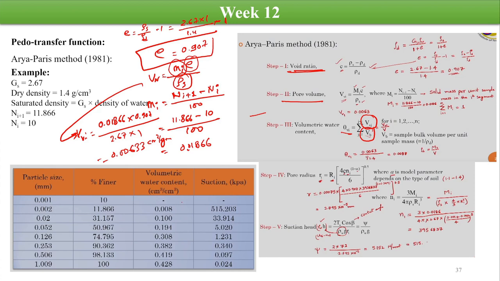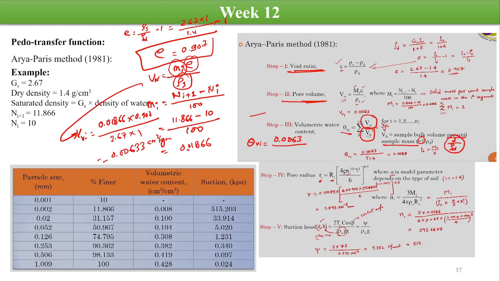We calculated this pore volume in the last step, that is going to be 0.0063, right? And then we will divide it by the sample bulk volume per unit mass.